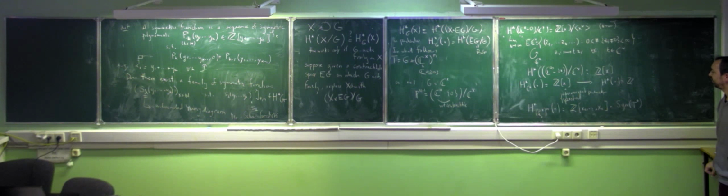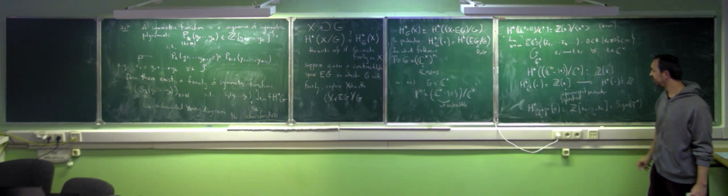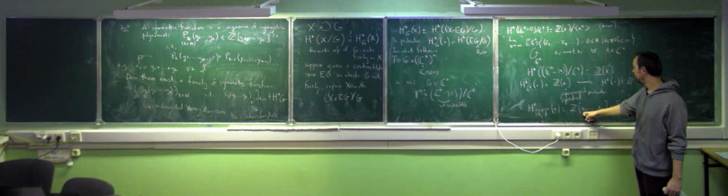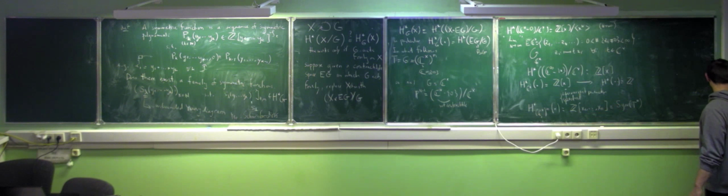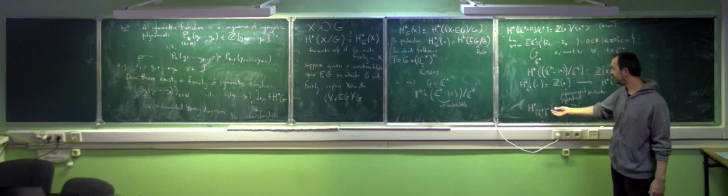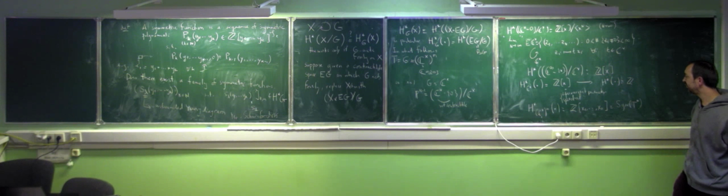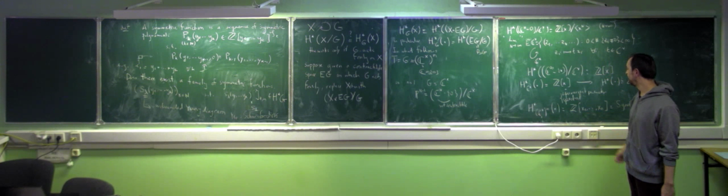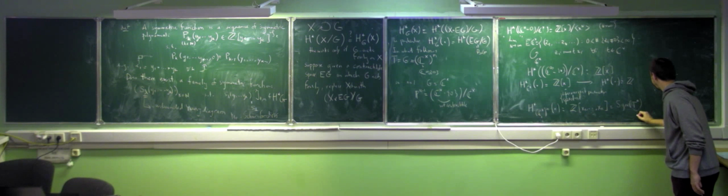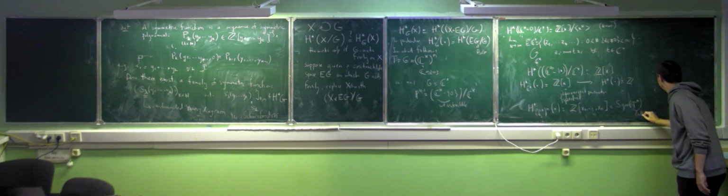Each of these variables, you should think of it as a weight of your torus. When you do representation theory of your torus, every irreducible representation is given by a certain weight, which is given by a certain lattice, right? So in other words, this T star here is the lattice of weights by definition.